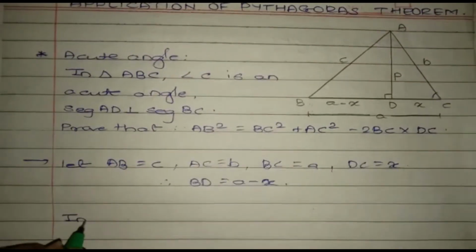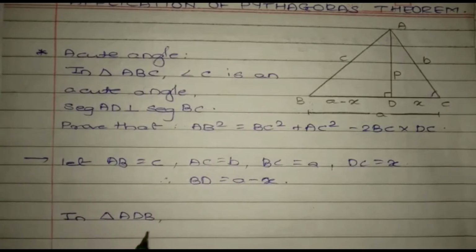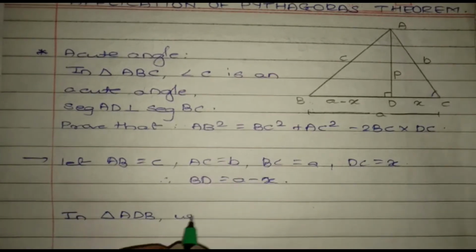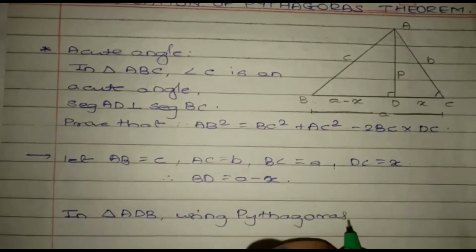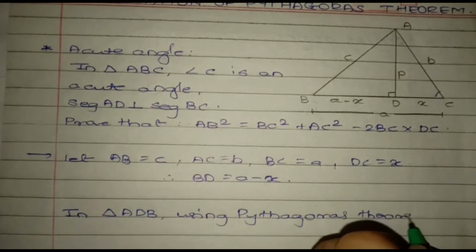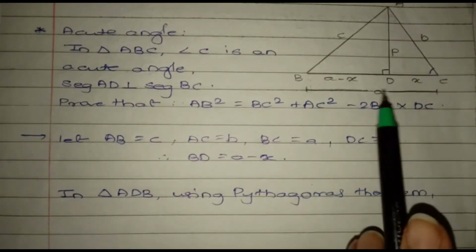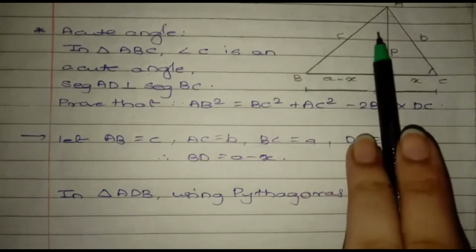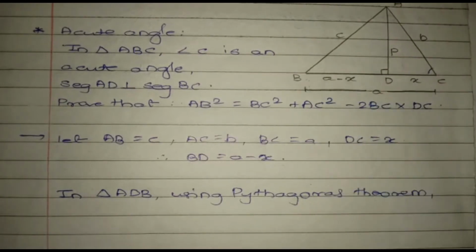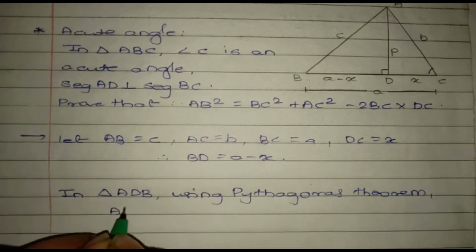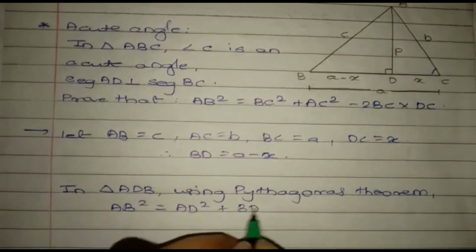So now in triangle ADB, using Pythagoras theorem, we will get AB square is equal to AD square plus BD square.